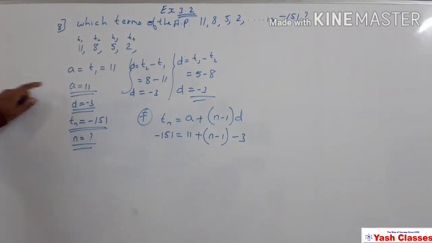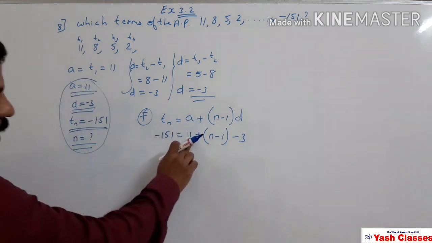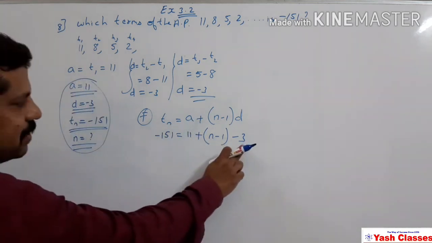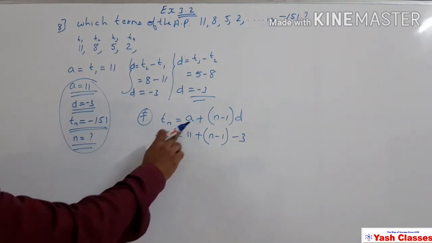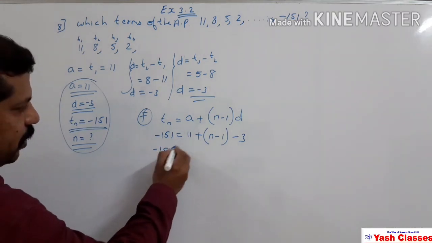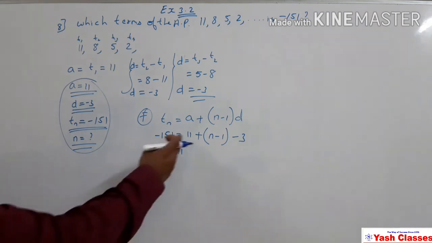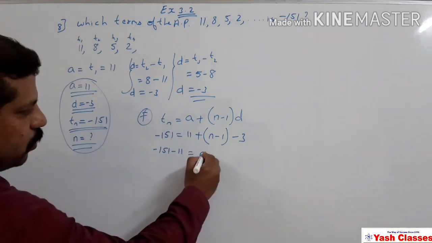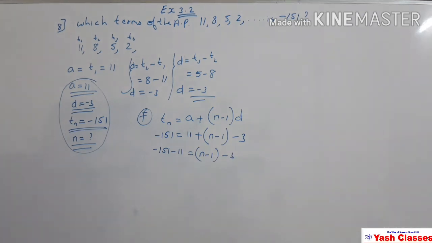So minus 151 equals 11 plus bracket n minus 1 into minus 3. Bring this 11 here, it will become minus 11. Minus 151 minus 11 is equal to n minus 1 into minus 3.